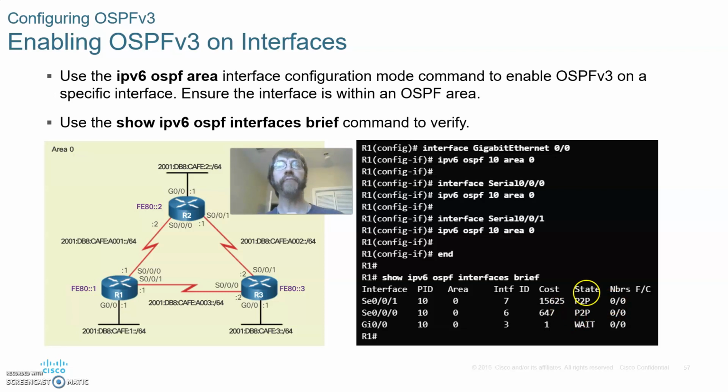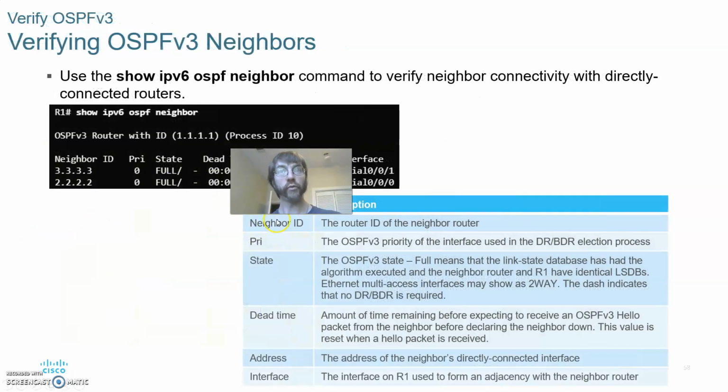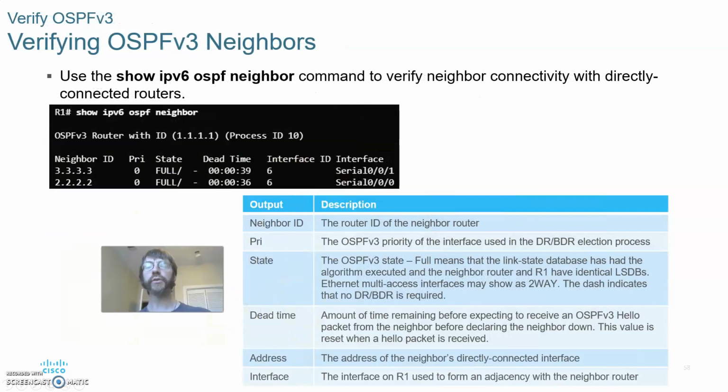So let's look at verifying those neighbor adjacencies. And I got to move myself again. So you can do show IPv6 OSPF neighbor. You'll see your neighbor ID. You'll see a priority. In this case, we're talking about serial lines. Your priority is 0 because there's not going to be a DR-BDR election. You'll see your dead time.